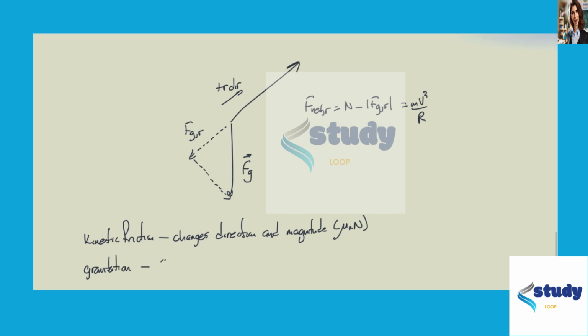Gravitation, at all points, has the same direction, always down, and the same magnitude, always mg. Done deal. So this is the only one that's constant, the gravitational force.